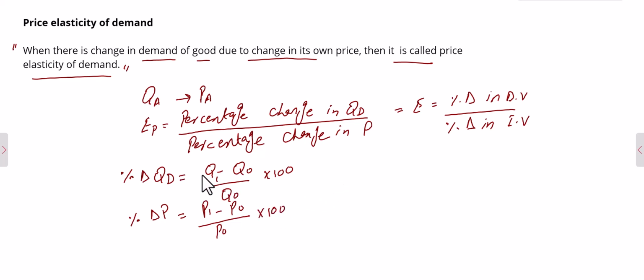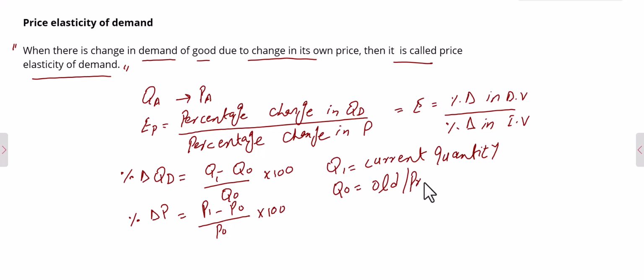So what is meant by Q1? Q1 is the current quantity, Q naught is the old or previous quantity.